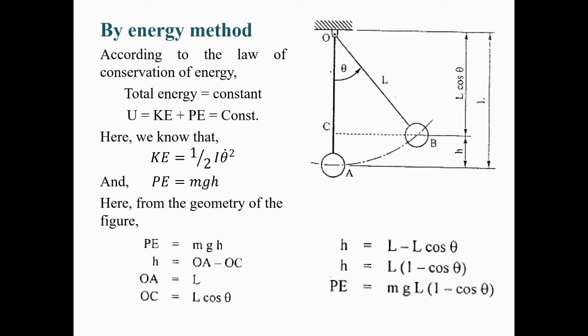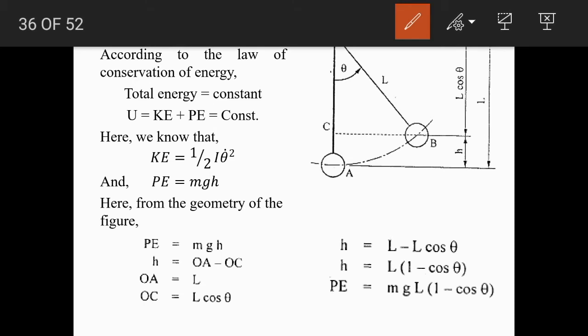Okay, in a simple pendulum, kinetic energy could be given by 1/2 I theta dot square, that is nothing but 1/2 I omega square. Okay, so you don't have to be confused with this equation of kinetic energy.